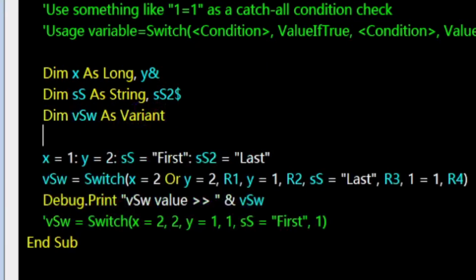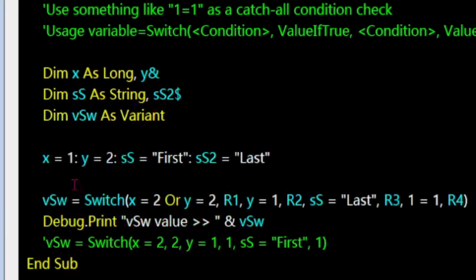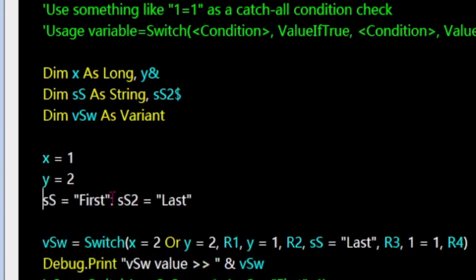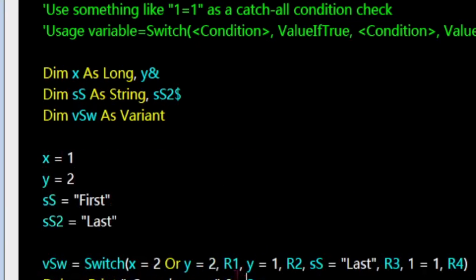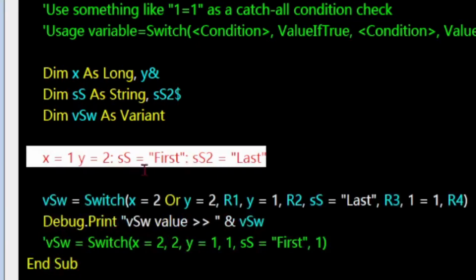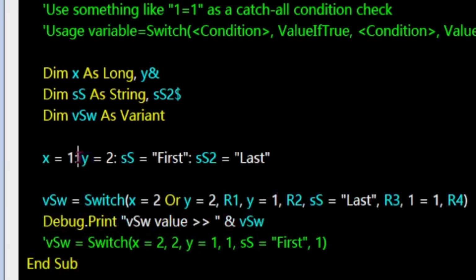Now, after I declare those variables, here's what I do next. I just set some values. I initialize some of these variables. I say x equals 1, and I use the little trick with the colon, which means I'm going to do another instruction. You could easily have done this on separate lines if I didn't mind all the lines. This is equivalent to doing this. Oops. Don't forget the colon.